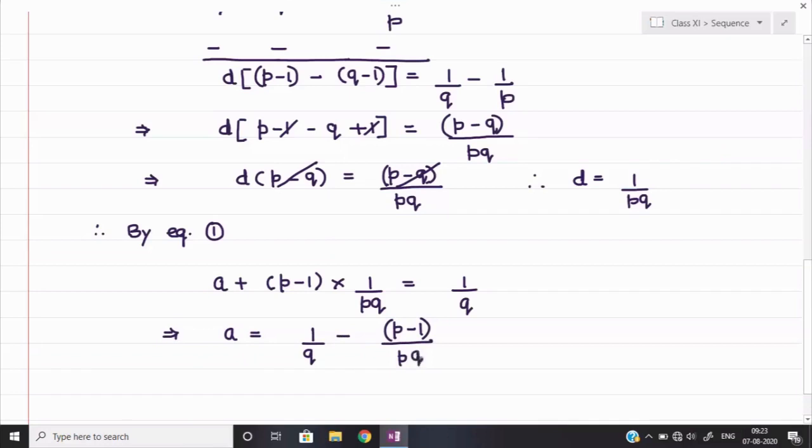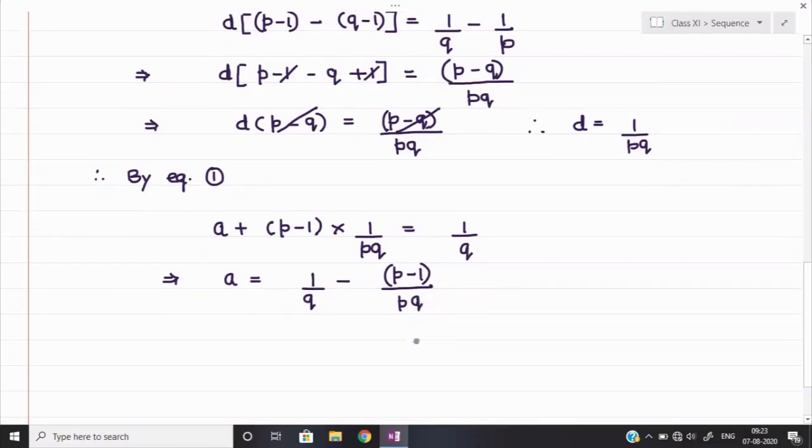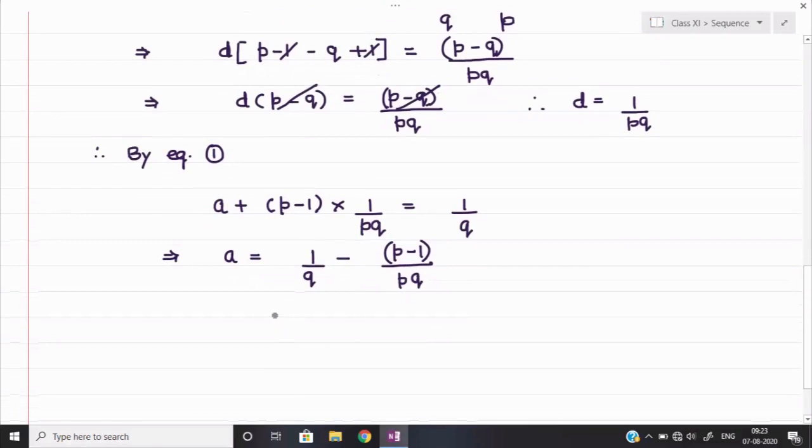Now for q and pq, the LCM we can take here is pq. Otherwise you can multiply also, that is not a problem. In that case from the numerator you need to take common q. So here I am taking the LCM pq. So cross multiplication will not be possible here because in the LCM common terms are there from both the denominators. So pq divided by q, remaining is p, and p I will multiply in 1, it will become p only, and here it will come p minus 1.